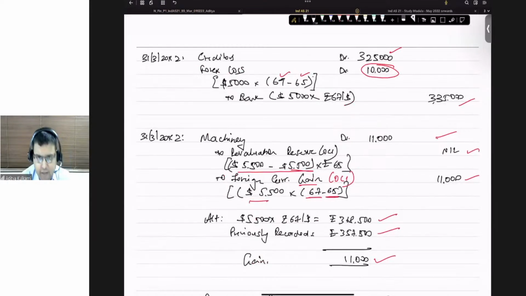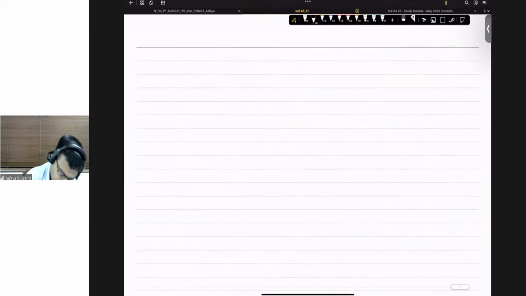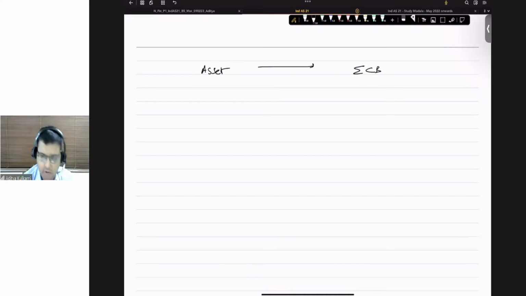if you remember AS11, foreign currency gain or loss arising on borrowings taken to purchase an asset. Let me write it down. You have an asset. To finance the asset, you have taken an external commercial borrowing. You have recorded the asset in rupees; this is in dollars.